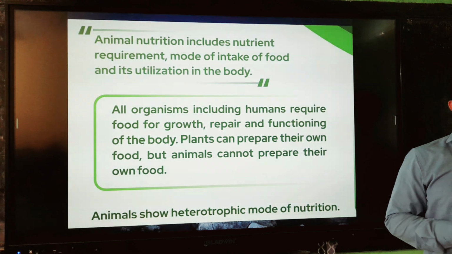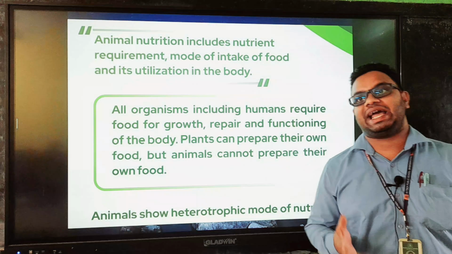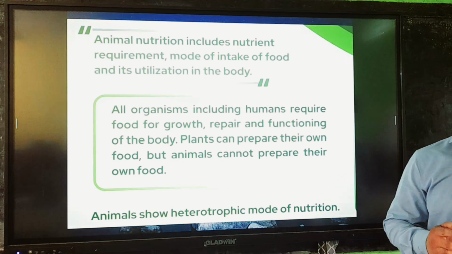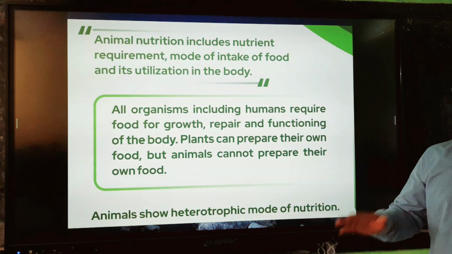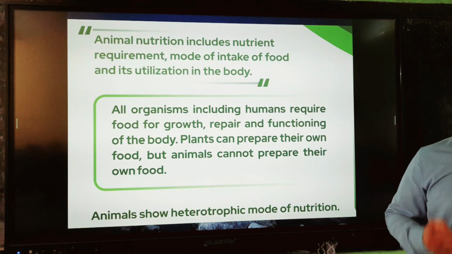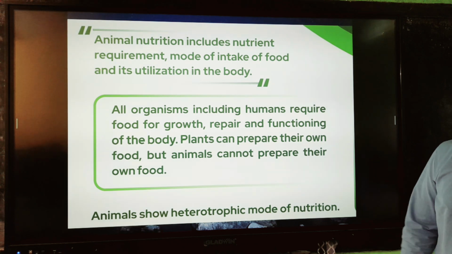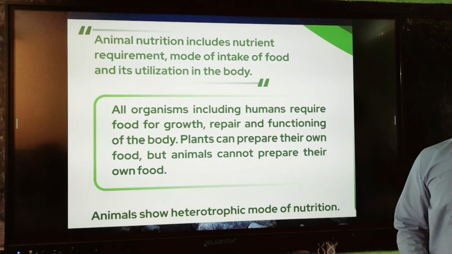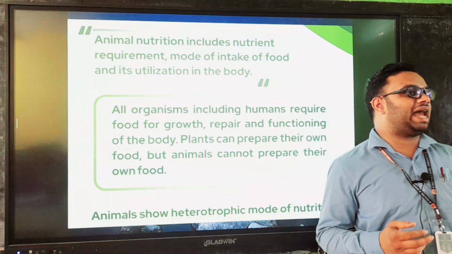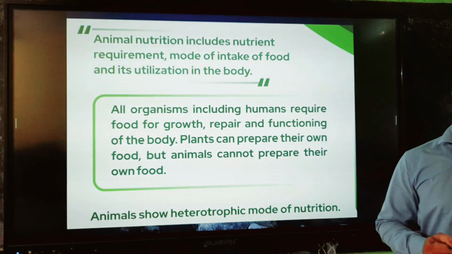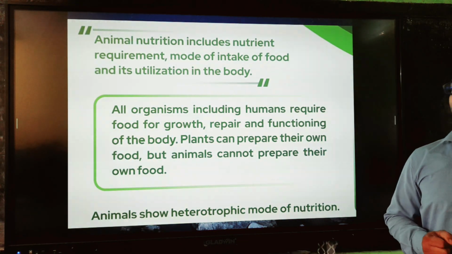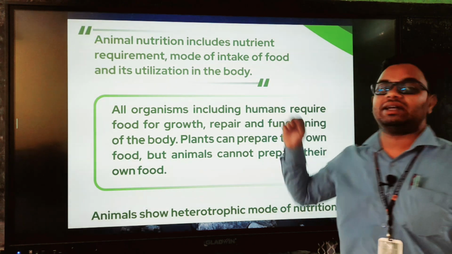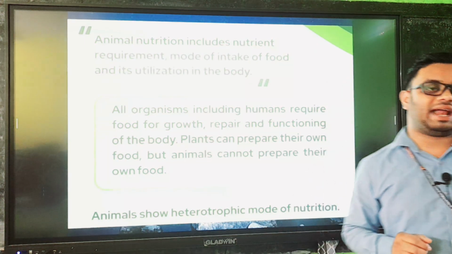We take food inside, then we digest it in our stomach and small intestine, then we get energy from that food. Then utilization. Utilization means we have to utilize all the nutrients we get from the food. All these things we are going to learn in nutrition in animals.